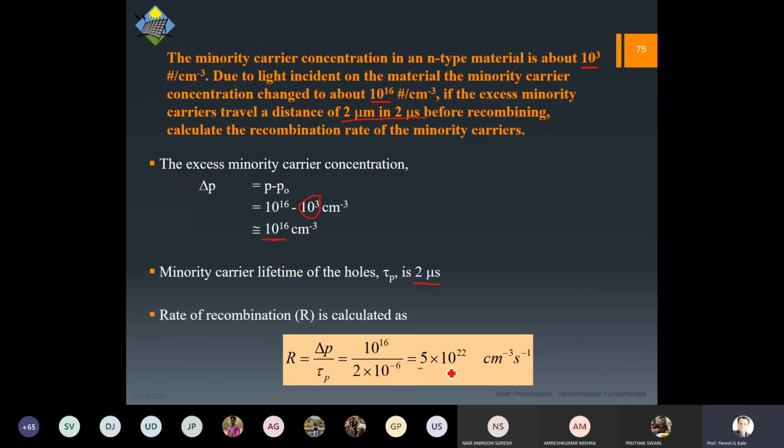So the recombination rate comes out to about 5 into 10 raised to 22 per centimeter cube per second. So per second, these many recombinations are happening in a centimeter cube volume. So you will get a fair idea of the typical lifetime and typical numbers that we are talking about for solar cells.